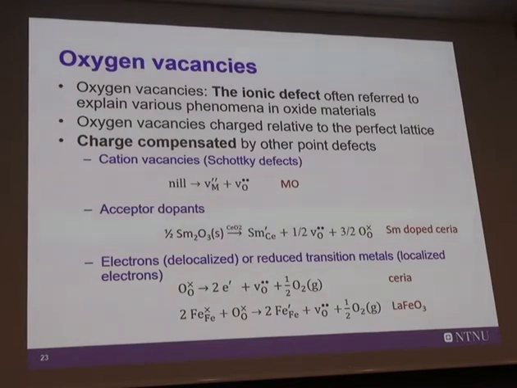Two examples of that: in ceria, you get the delocalized electrons, and you get electronic conductivity, typical band gap conductivity. And in lanthanum ferrite, you get iron 2+, which is the charge compensating species. In this case, the electron is localized on the iron, and you get a polaron hopping mechanism. So in all those four cases, the oxygen vacancy is charge compensated by another point defect. That's very important to remember, and very, very often neglected in the literature.